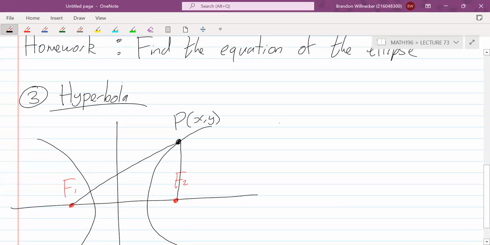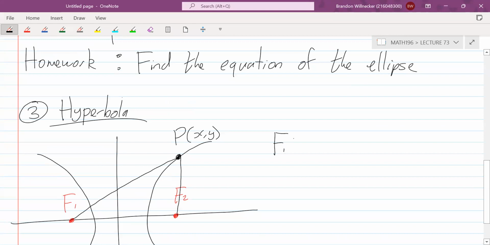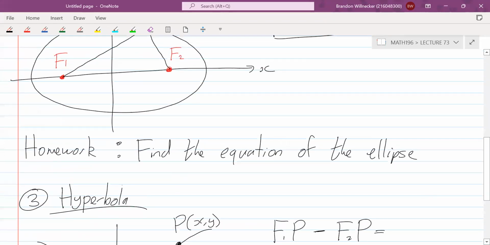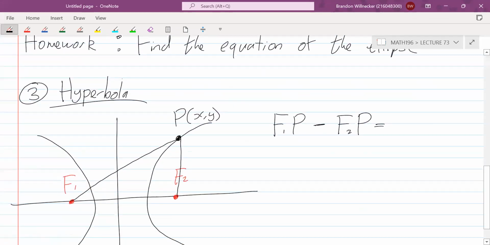So here we get F1P minus F2P is equal to a constant. Let's say it's the same 2a. But because we can swap these around, here I took F1P minus F2P. If we swap this around, we get a minus sign.